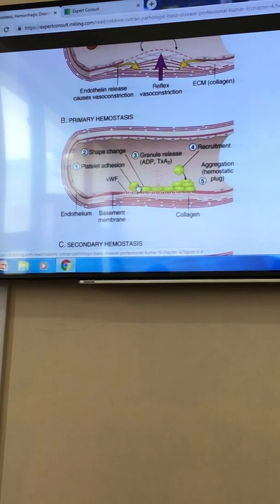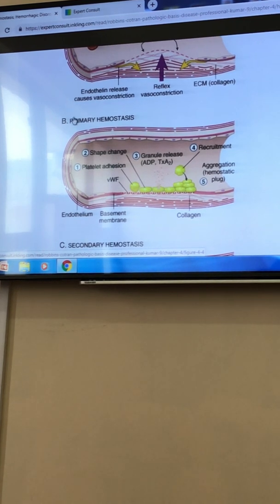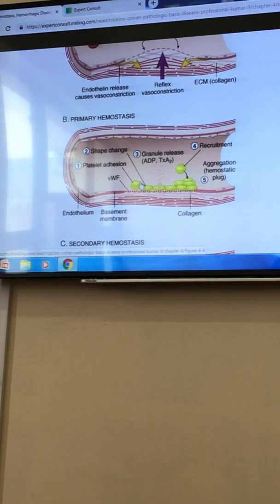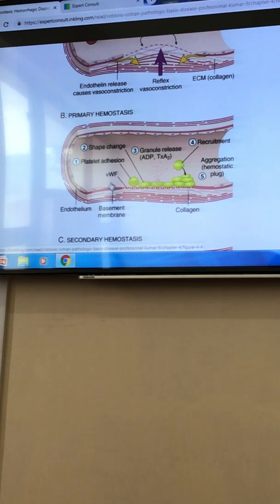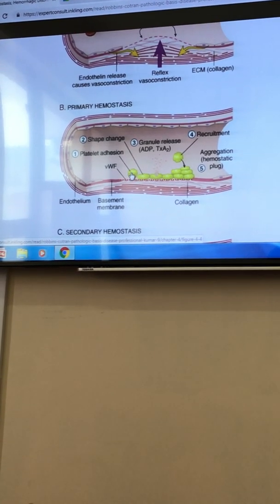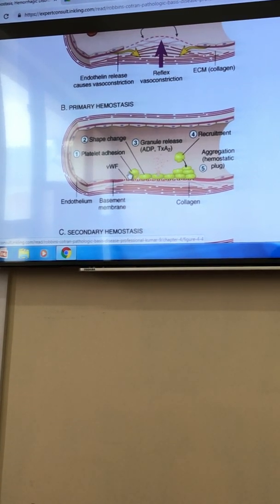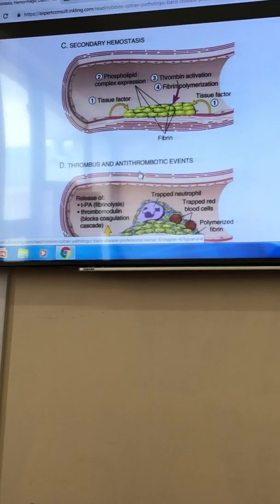So some of the bleeding disorders are due to defects in primary hemostasis. So it includes problems with platelets and this von Willebrand factor. So von Willebrand disease and dysfunction of platelets or low number of platelets can cause bleeding disorder. But what are the defects in secondary hemostasis?